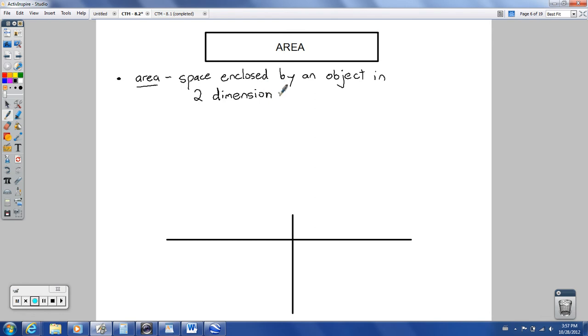Area is a 2-dimensional measurement. So in 2 dimensions. And what are we going to use for this? Because it's in 2 dimensions, we're going to use square units.